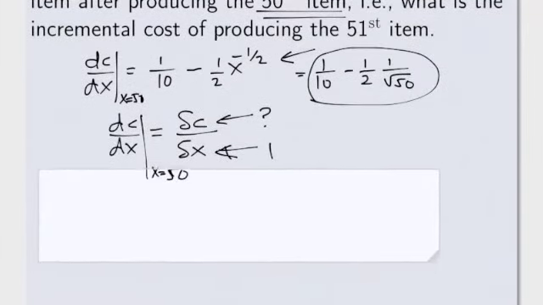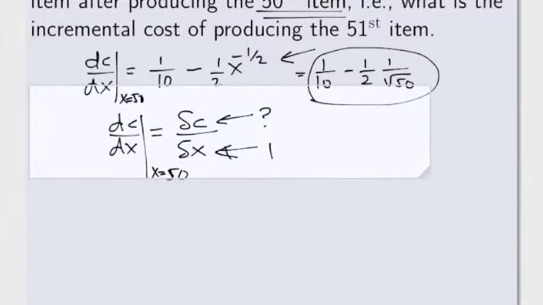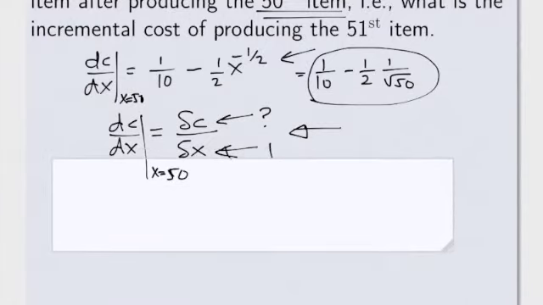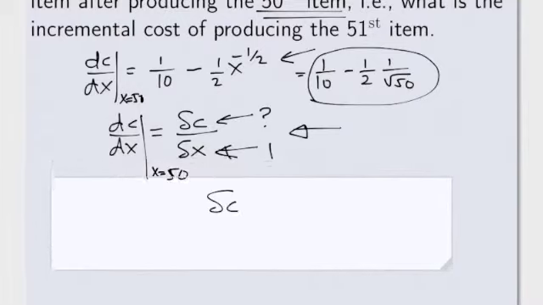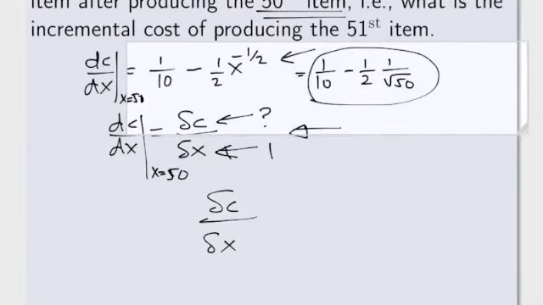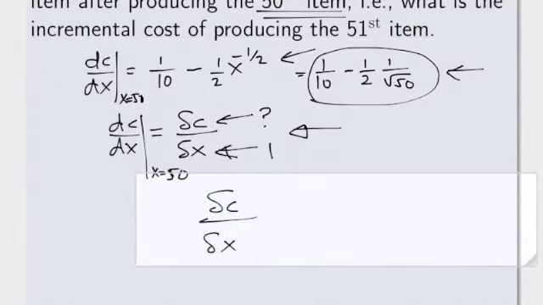So dc dx is equal to delta c on delta x. We've established this expression. So we can now say delta c on delta x is in fact this value we computed.